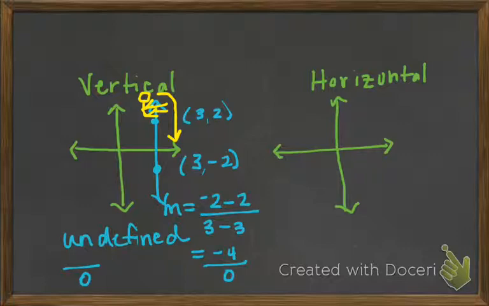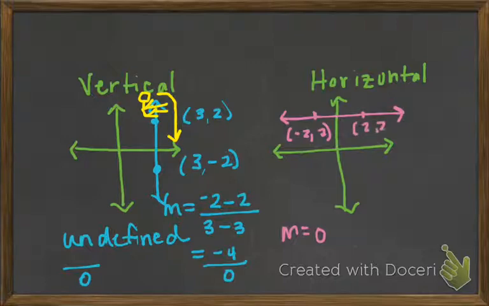Horizontal slope, a little differently. Your horizontal line is going to look like this. The slope of this one is 0. These two are easy to get confused unless you remember a few things. Let's look at it algebraically. I have a point right here. Let's call this point -2, 2. I have a point right here. To keep it simple, let's call it 2, 2.